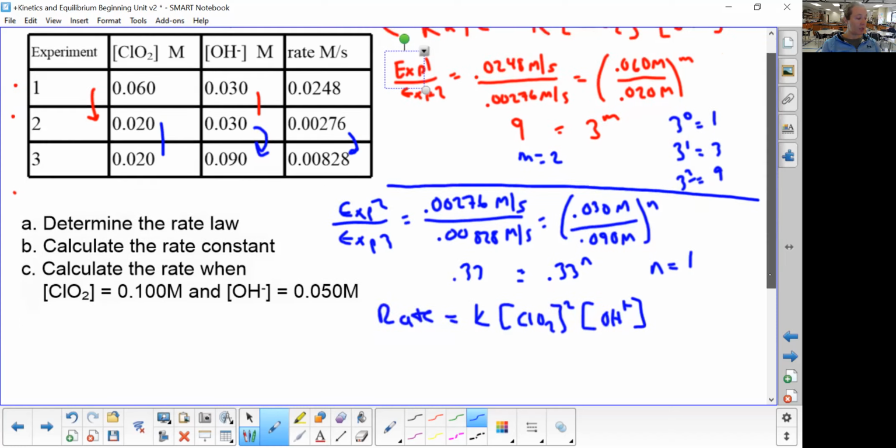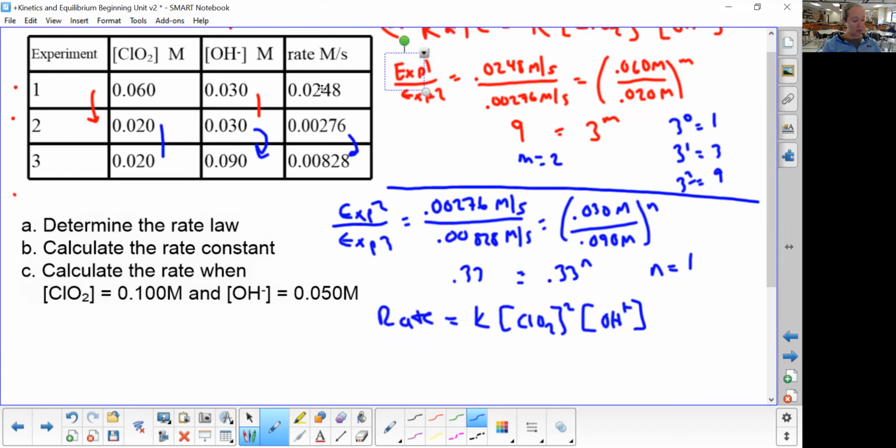You can choose any of the experiments. I'm just going to choose the first one and plug in the rate: 0.0248 molarity per second is equal to k times the concentrations for that experiment, 0.060 molar squared times 0.030 molar to the first.